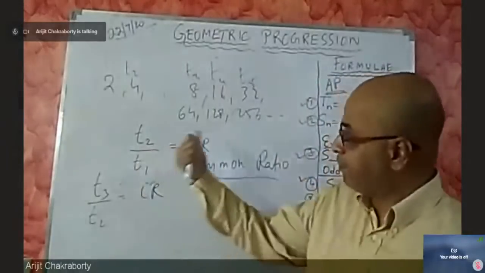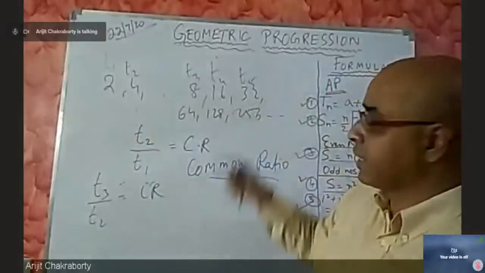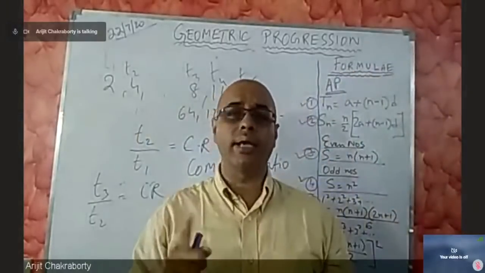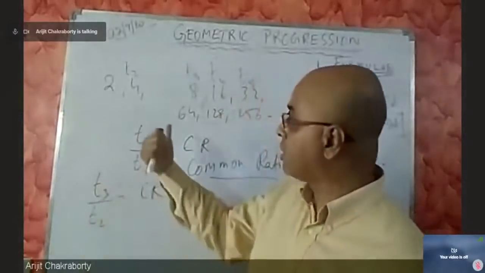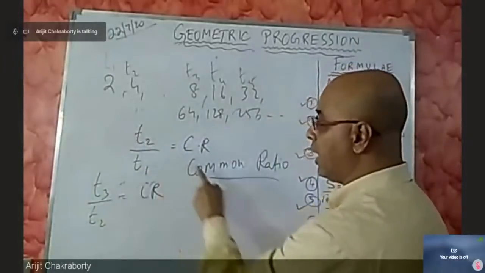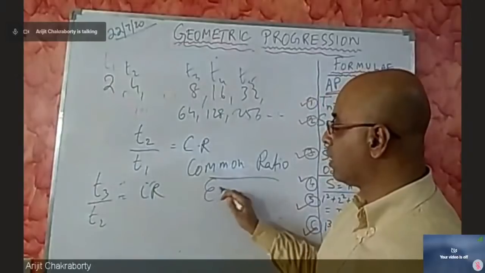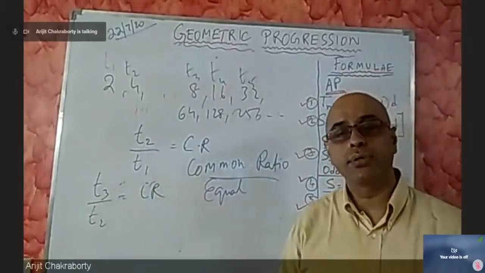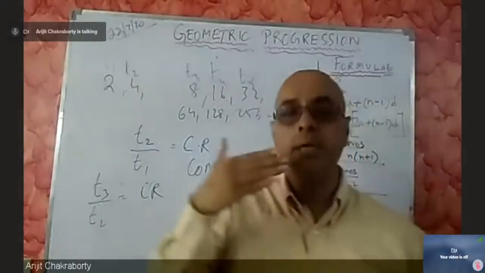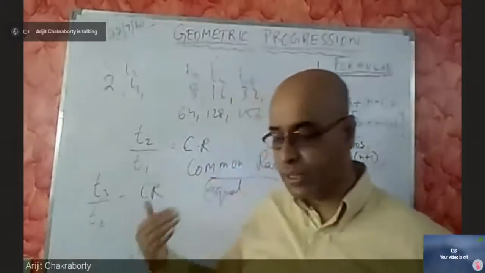But here, 2, 4, 8, 16, 32. This is not an AP, it is a GP because we have a common ratio and the common ratio is same. Okay? So that is why it is a geometric progression, a geometric series.